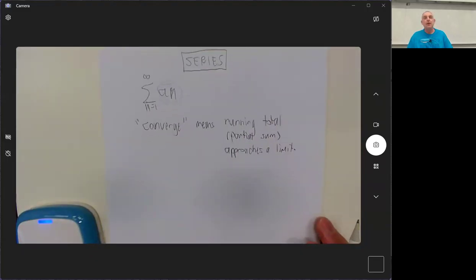So technically, method 0 for figuring out whether a series converges is to figure out a formula for what the running total is and then do the limit of that as n goes to infinity. That is not easy, and there is pretty much one series where you can always do that.